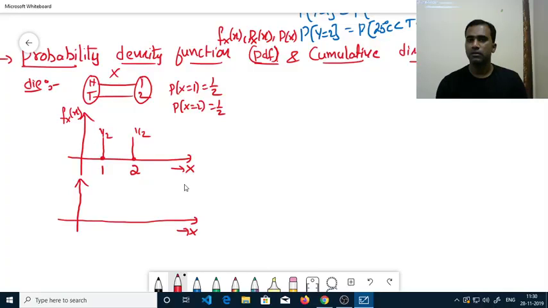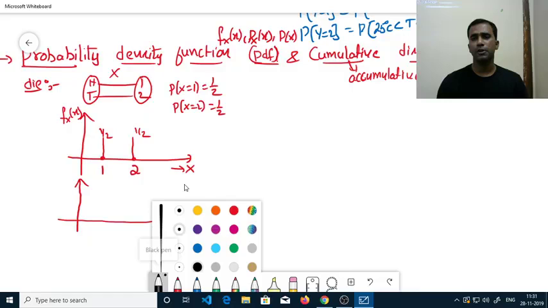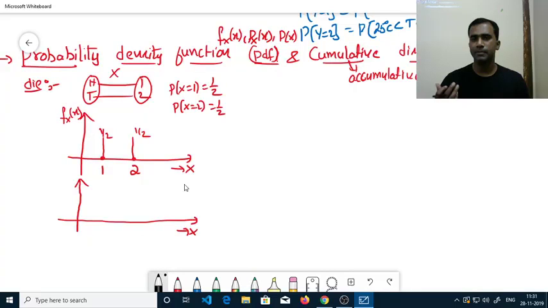Cumulative means accumulative. Try to understand this. What is the meaning of accumulative? Accumulated, which means whatever the past values, it is accumulating them and keeping them. So the cumulative distribution function is a function which shows us at every point a value that is nothing but the accumulation of all the past and present probabilities.